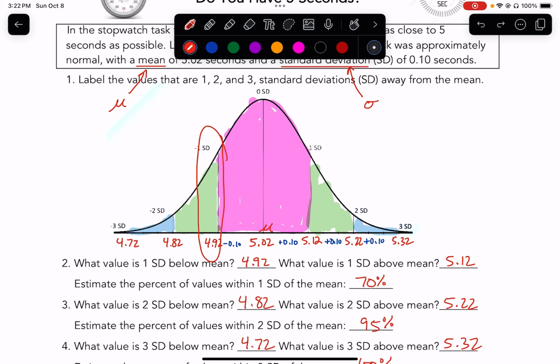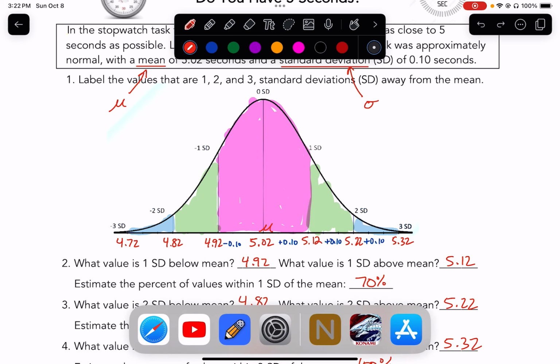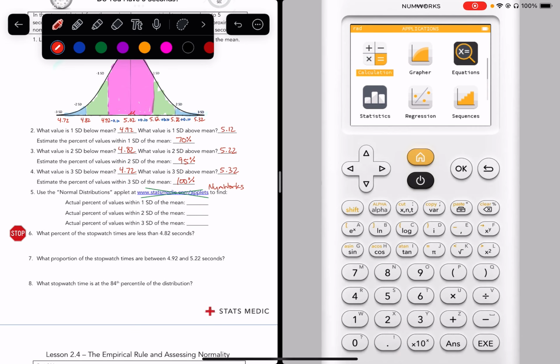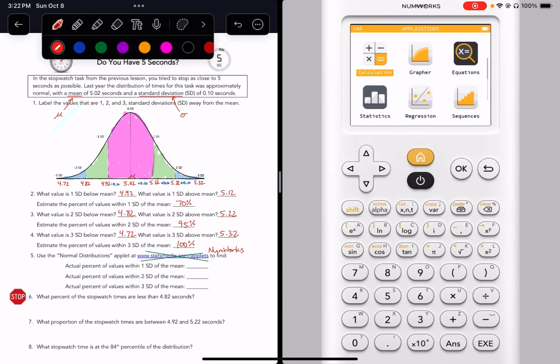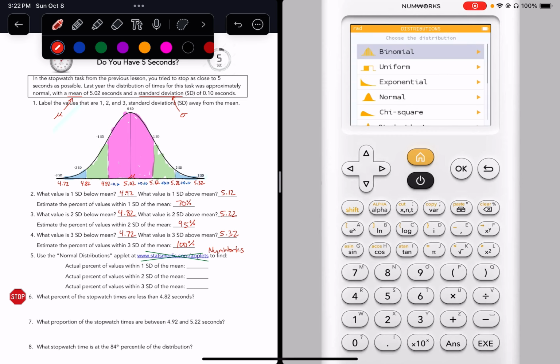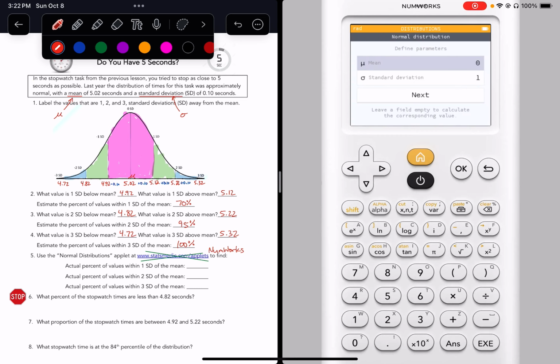Okay, so how we're going to do that in our calculator, let me see if maybe split screen will work better there. Okay, let's try that. So we're going to go back to our distributions, 5.02, 0.1.